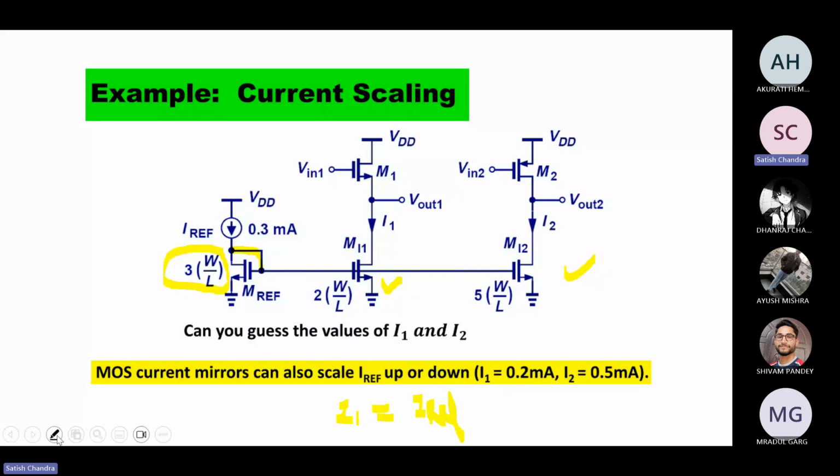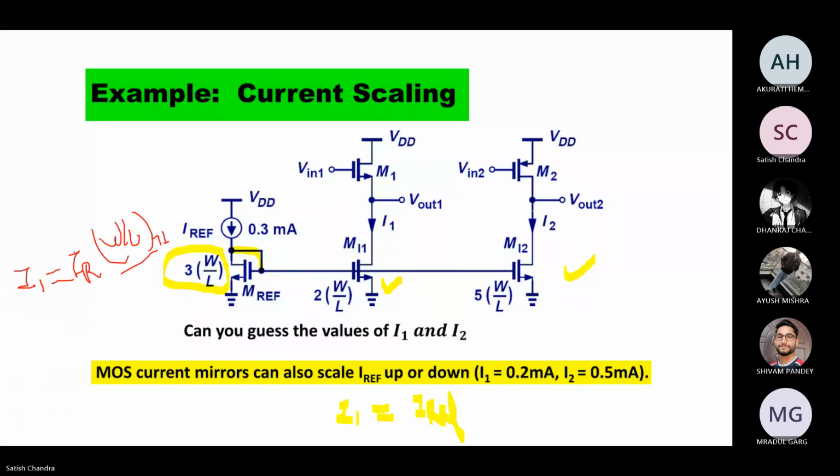I need to take this pen. Basically, I1 is equal to the IREF into the W by L of 1 divided by the W by L of the reference.